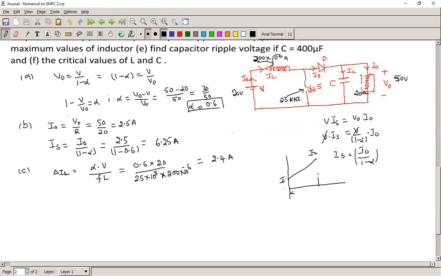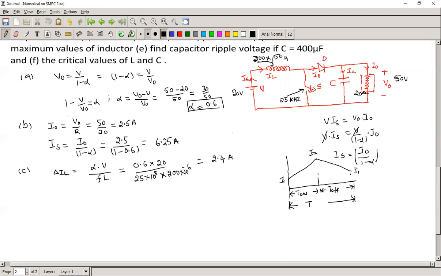This is the on state, T on. When the switch is off, the current changes from I2 to I1. This is the T off, and the sum of the two is the total time period.